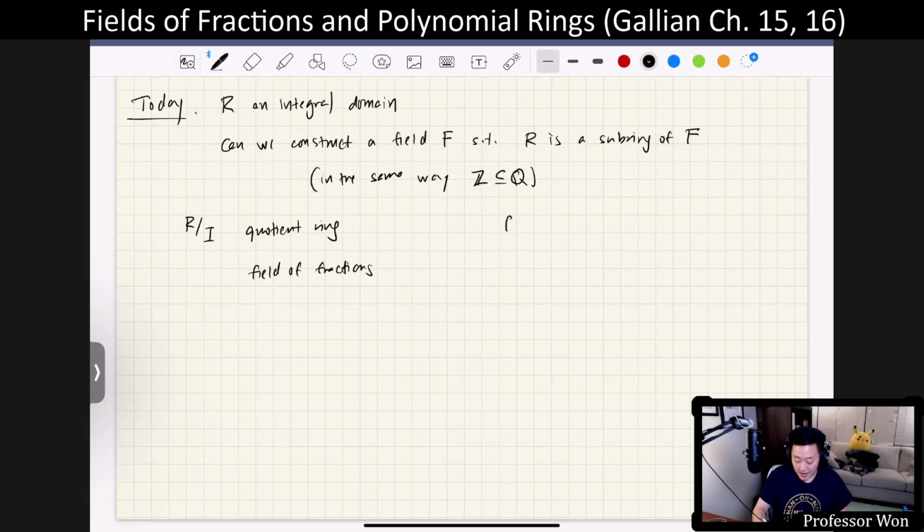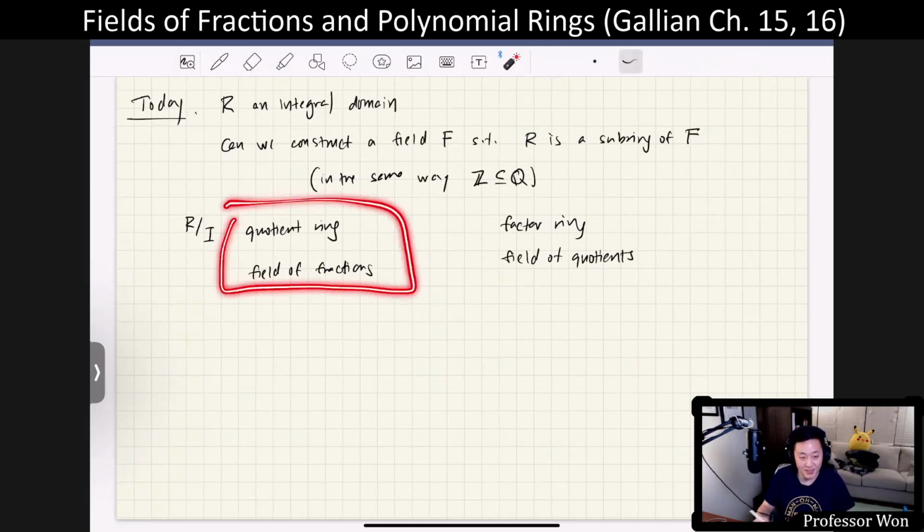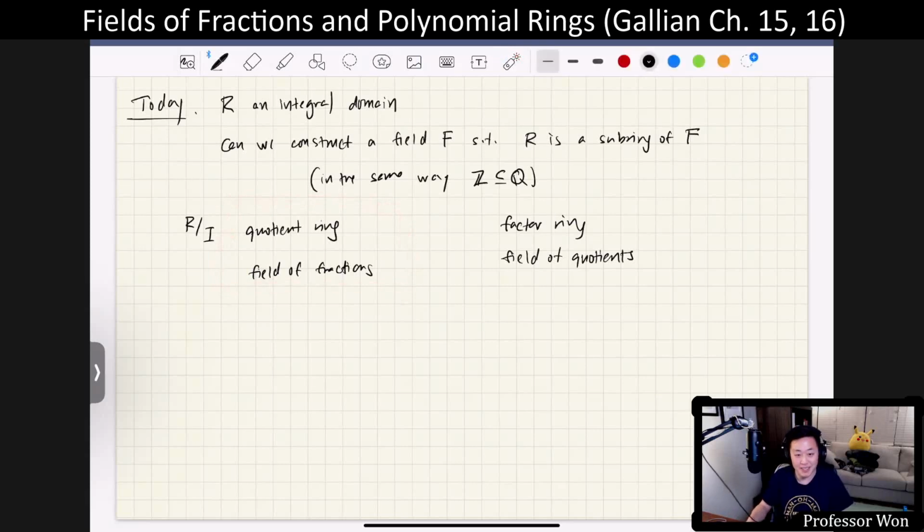Gallian likes to call R mod I a factor ring, and he likes to call what we're going to do today the field of quotients. Luckily, we always specify field, so there's not really any danger of confusing the two. But I will more than likely stick to this side if I'm just talking to you in conversation. In the notes, it depends on how closely I want to hew to Gallian.